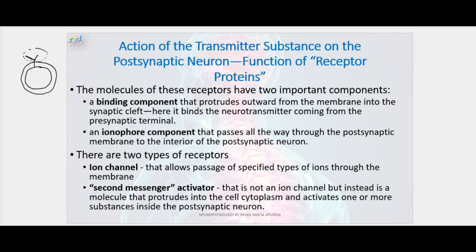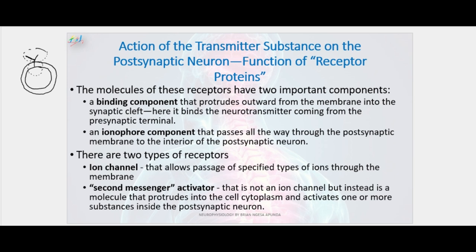It normally protrudes outwards from the membrane into the synaptic cleft. So here, the neurotransmitter is expected to bind from the presynaptic terminal, and we have the ionophore component. This is the other component that passes through the cell membrane all the way up to the cytoplasmic area. So that is good to know.